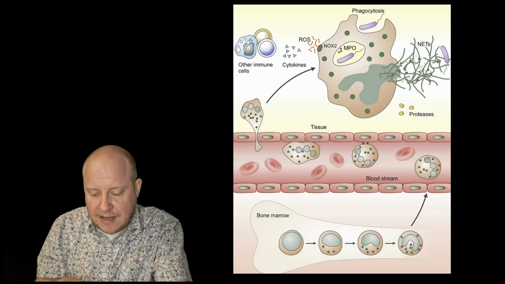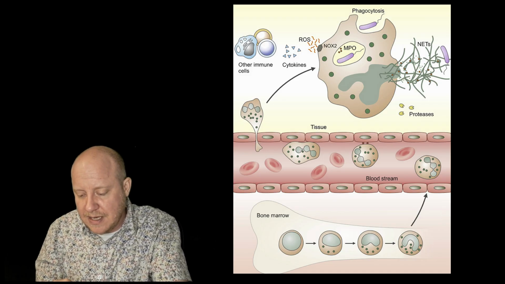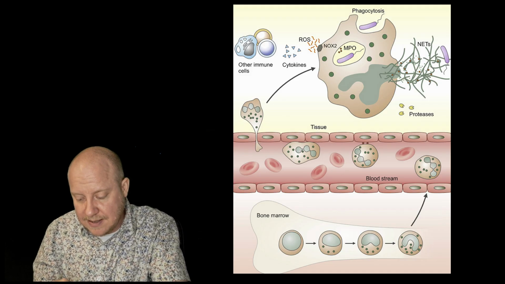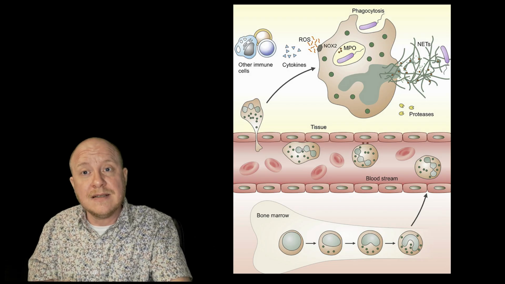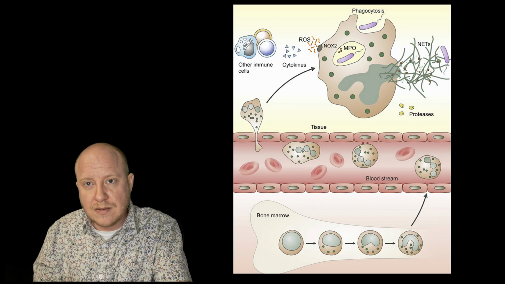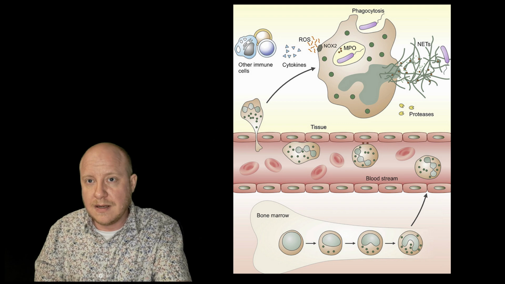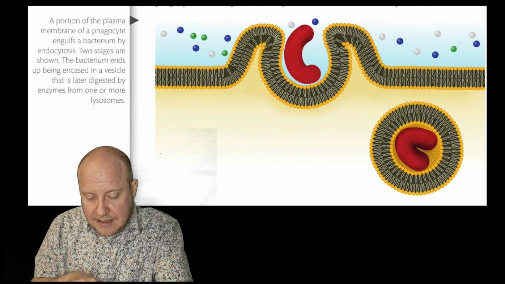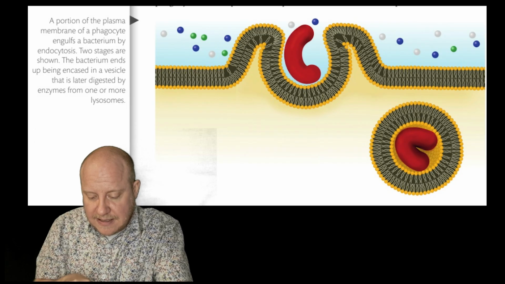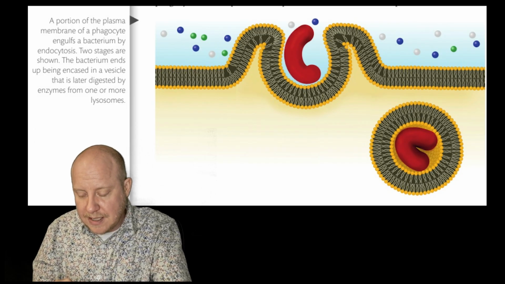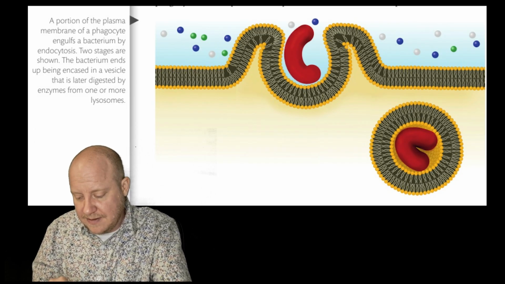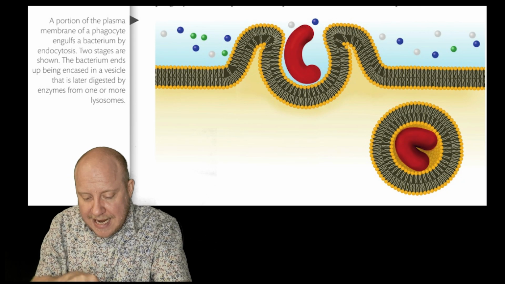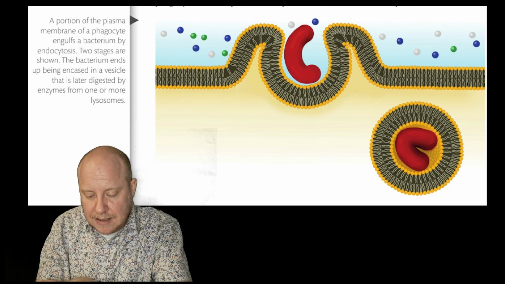When a phagocyte encounters something in body tissues that contains antigens, remember what antigens are? They're specific molecules on things that shouldn't be there, on pathogens, and thus are not self. It sends out plasma membrane extensions to engulf the foreign body in a process called endocytosis.